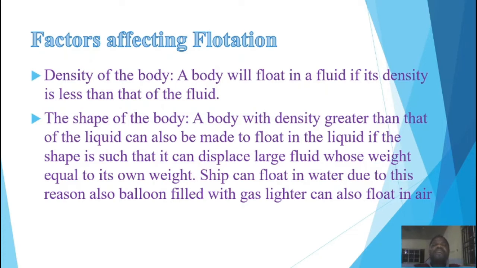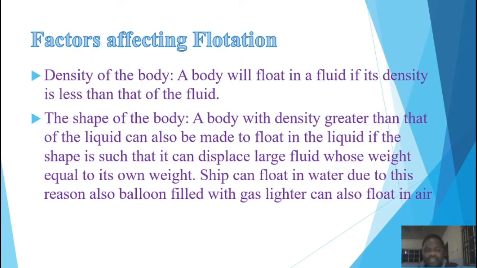These steels are very heavy, heavier than water, but a ship can float in water. Why? Because the ship is designed in such a way, it has a hollow shape, that when it is in water, it displaces a large quantity of water, and the weight of that water will now become equal to the weight of the ship.